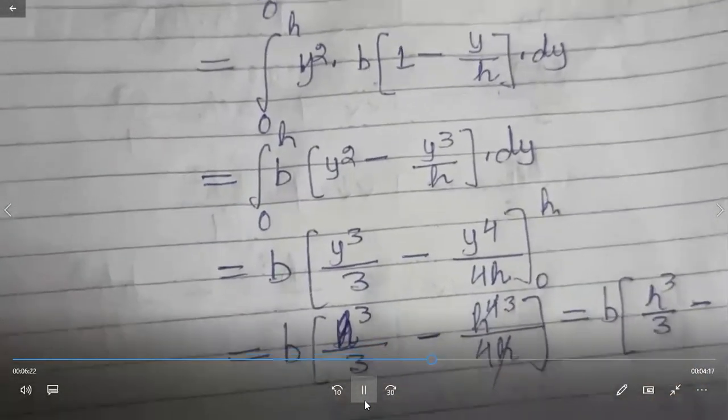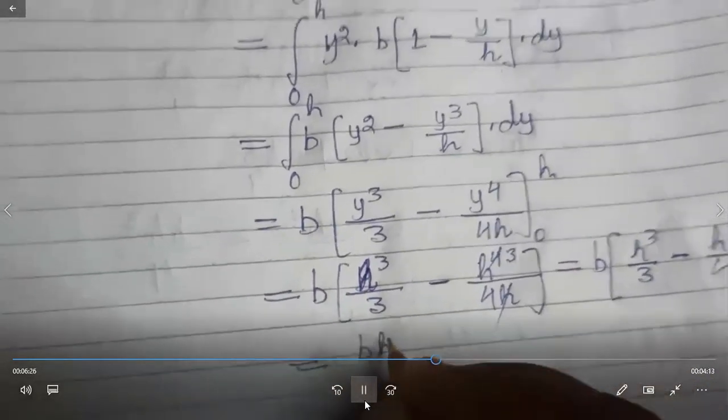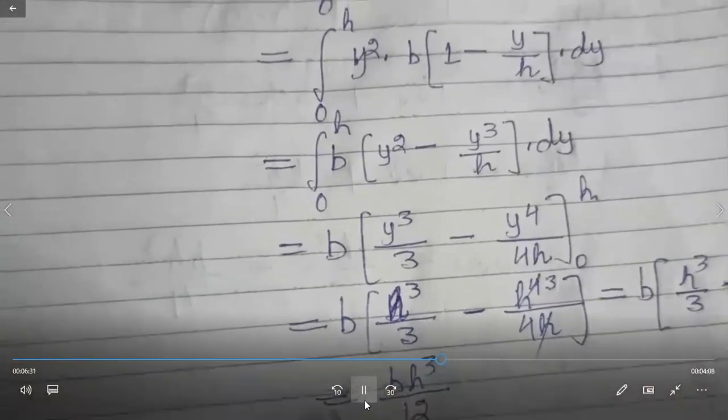On solving this, this is equal to b h cube upon 12. So this is IAB, b h cube upon 12.